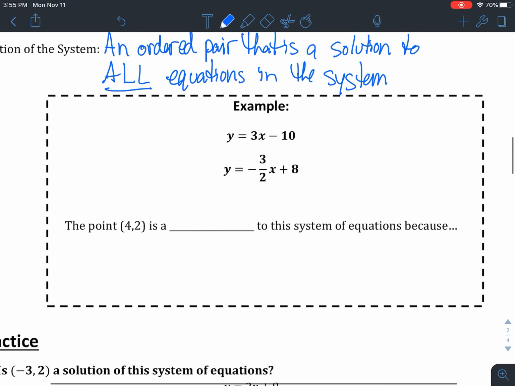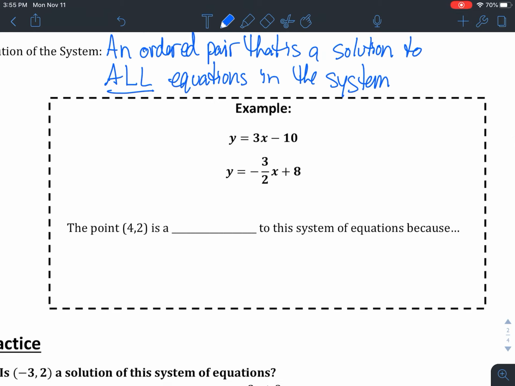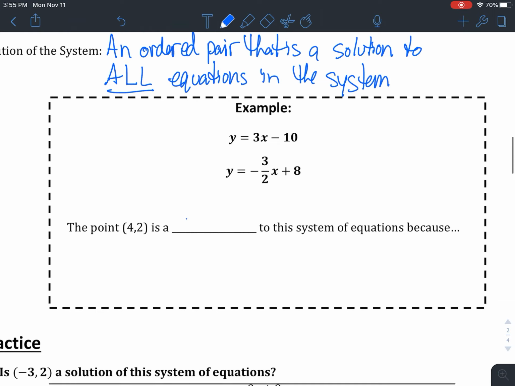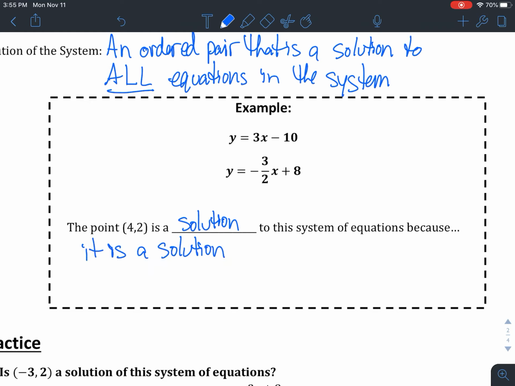So if we come back to our example that we've been dealing with, for the system of equations y equals 3x minus 10 and y equals negative 3 over 2x plus 8, the point 4 comma 2 is a solution to this system because it is a solution to both equations in my system.